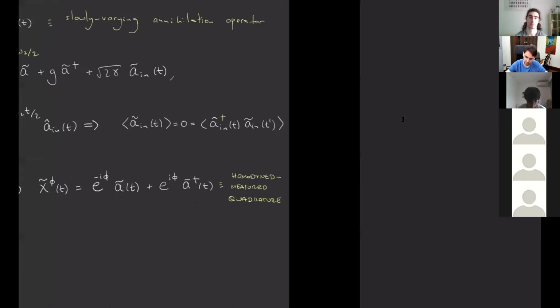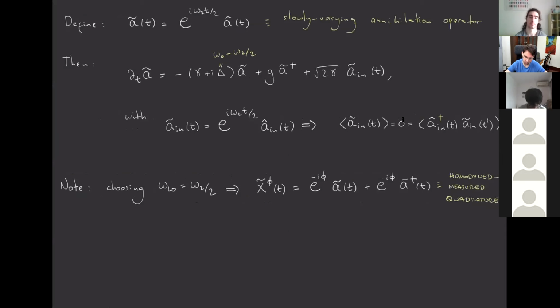Okay. So this is essentially the setting that we need to solve in order to calculate the output spectrum. And in particular, let me do it for the detuning equals 0 because it becomes very, very easy. And also, let me define the position and momentum quadratures. I mean, or remind you that the position quadrature is just the quadrature for phi equals 0.